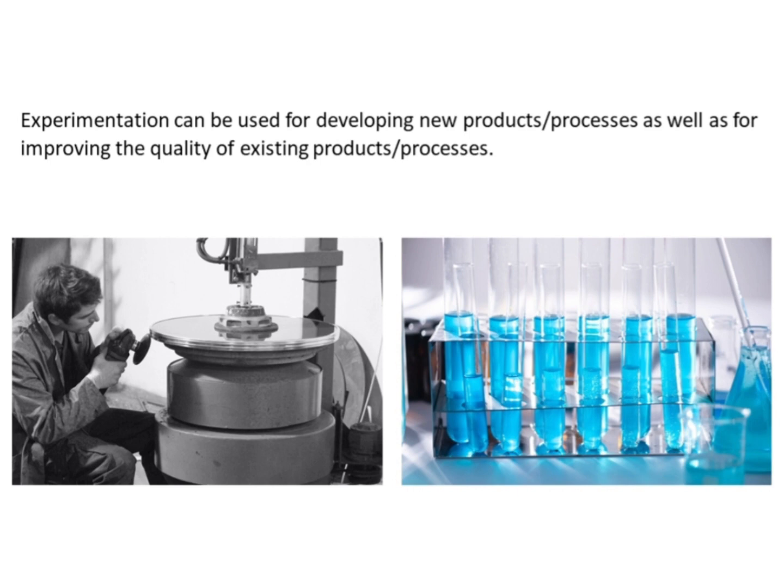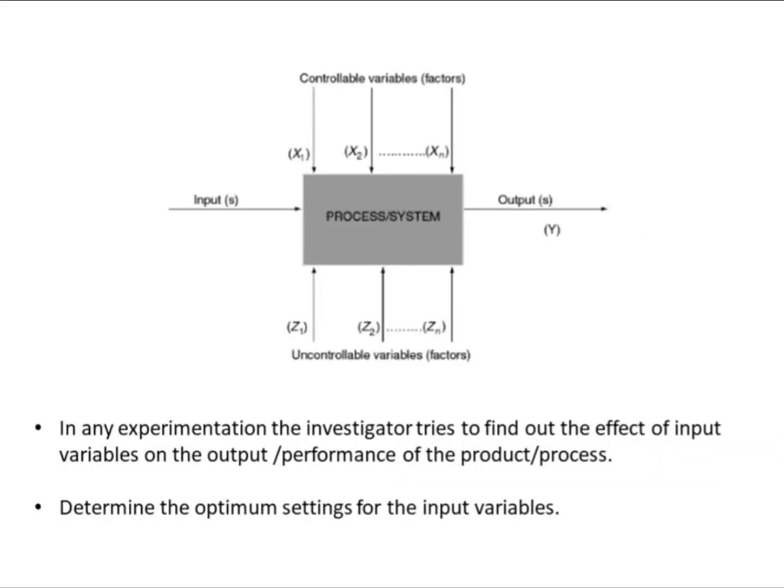A product can be developed in engineering, biology or physical sciences. A process can be a manufacturing process or service process such as health care, insurance, banking, etc. Experimentation can be used for developing new products and processes as well as for improving the quality of existing products and processes.